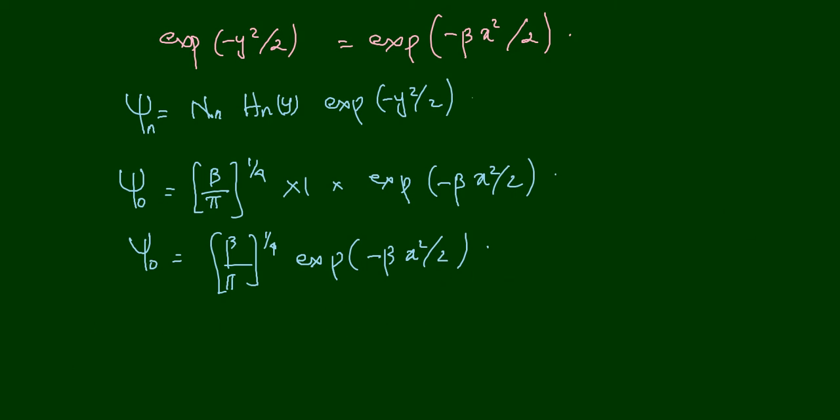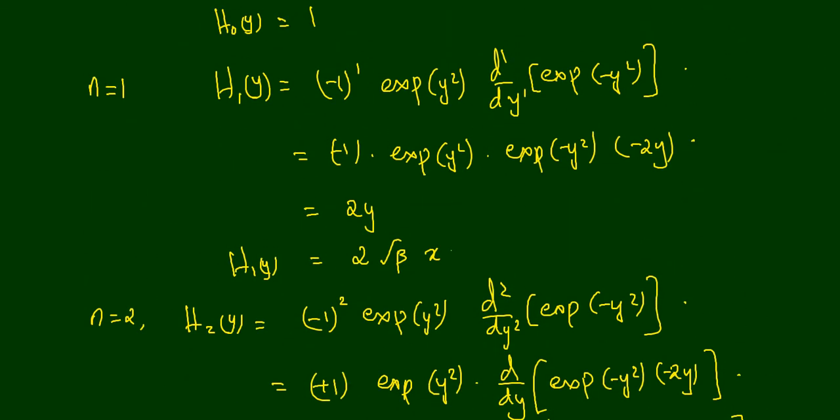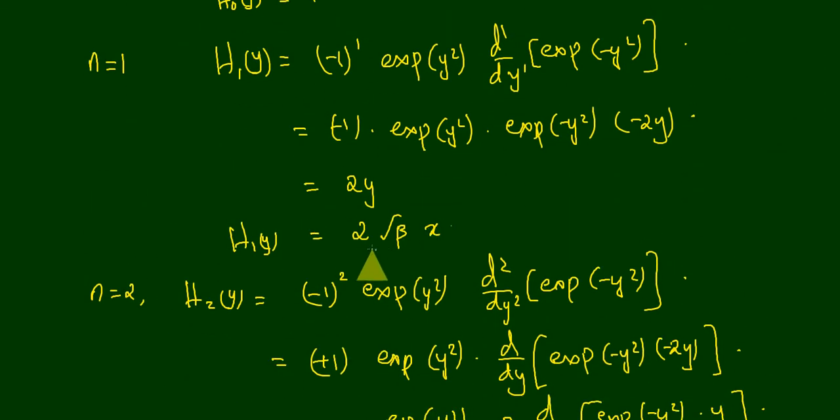And now we can get an expression for psi 1. So psi 1 is equal to n1. What is n1? n1 is equal to 1 divided by root 2 into beta by pi raised to 1 by 4 into h n y. H n y in this case is h1y. And what is h1y? We have already calculated h1y, it is 2 root beta into x.